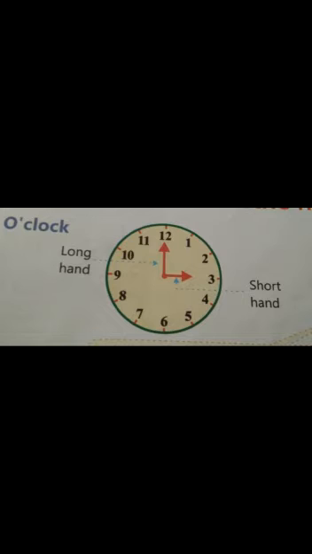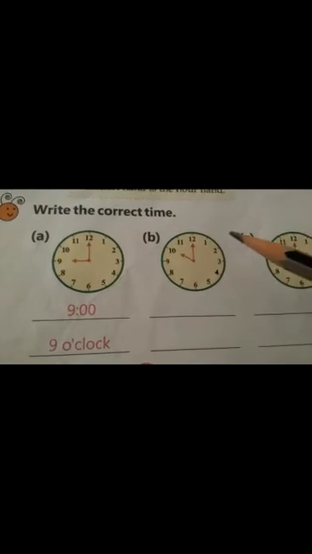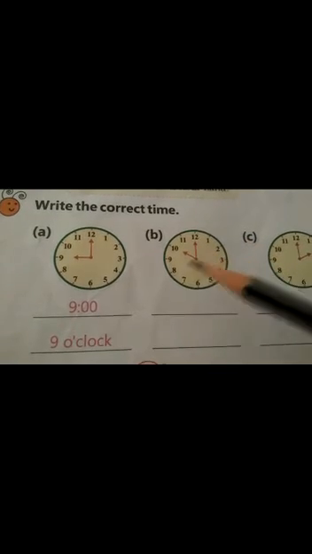So when the hand is at 12, it is read as o'clock. So the time in this clock is 3 o'clock. And it is written as 3 o'clock or 3:00, standing for minutes.